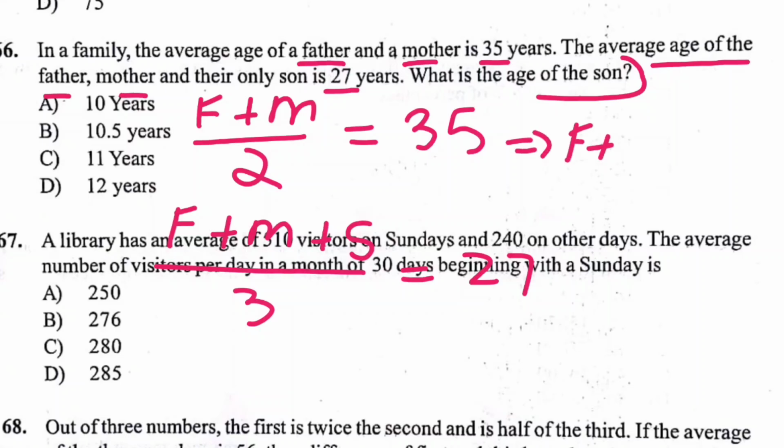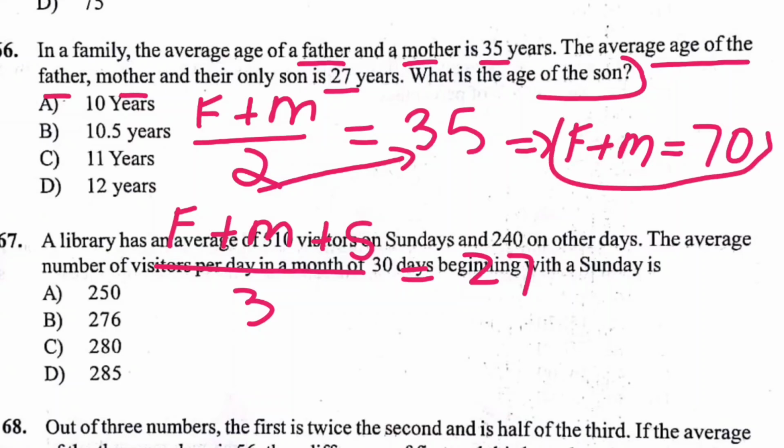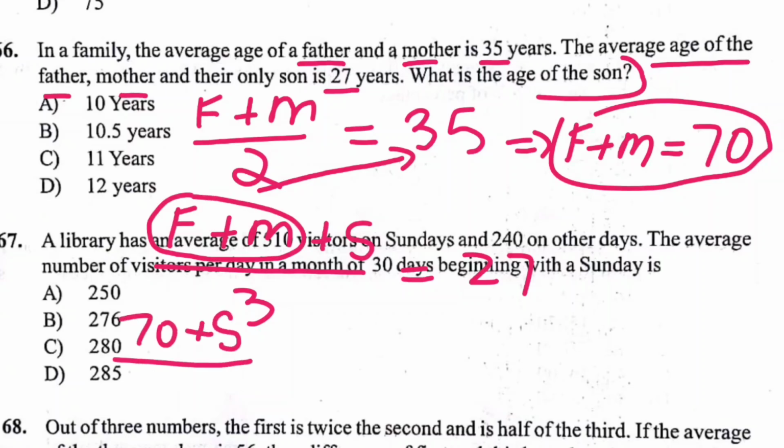Can we write it like this? F plus M, that is the age of father plus the age of mother, will be equal to, transpose it here, it gets multiplied. So we have 2 into 35, which is 70. Now in place of F plus M in this equation, we write 70. So we have 70 plus S, the age of son, upon 3 is equal to 27.